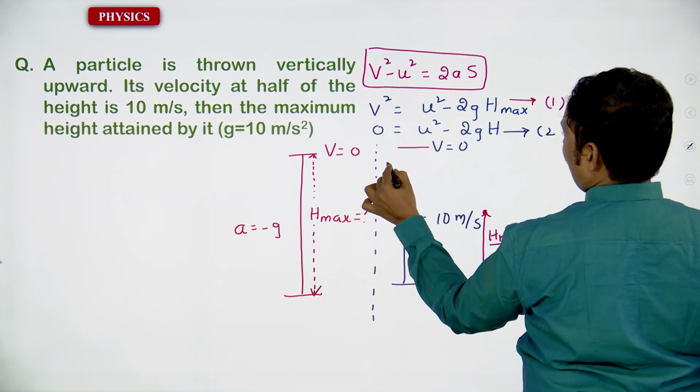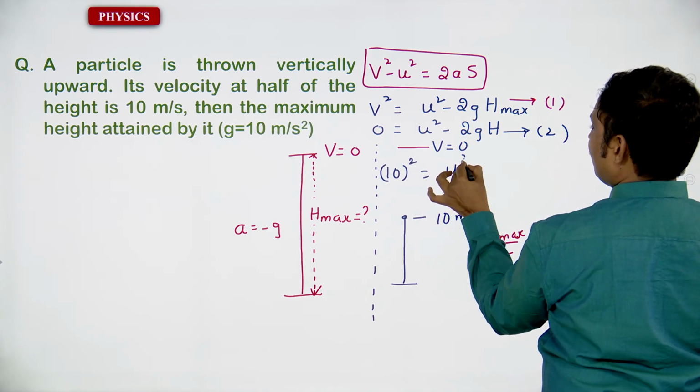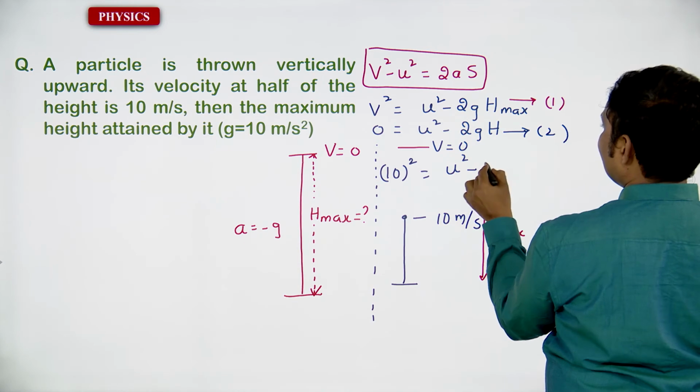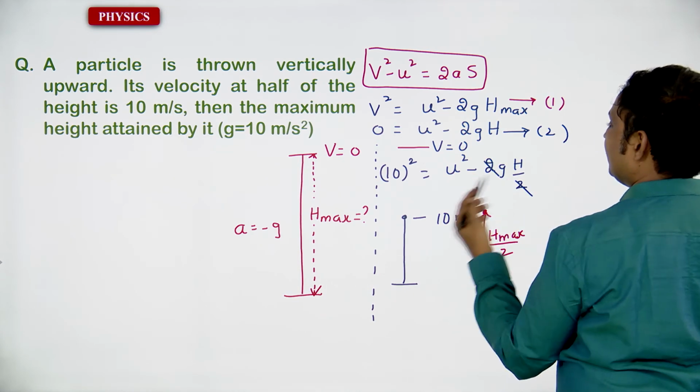All right. So 10 square is equal to u square minus 2gh by 2. All right. It's very clear.